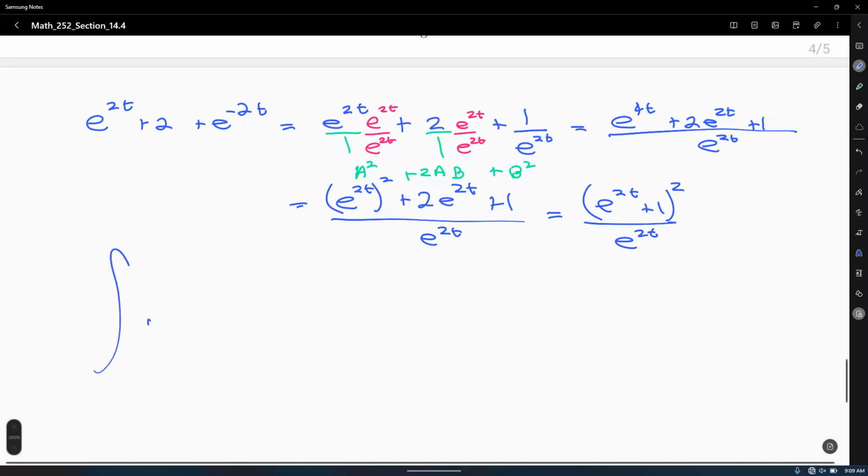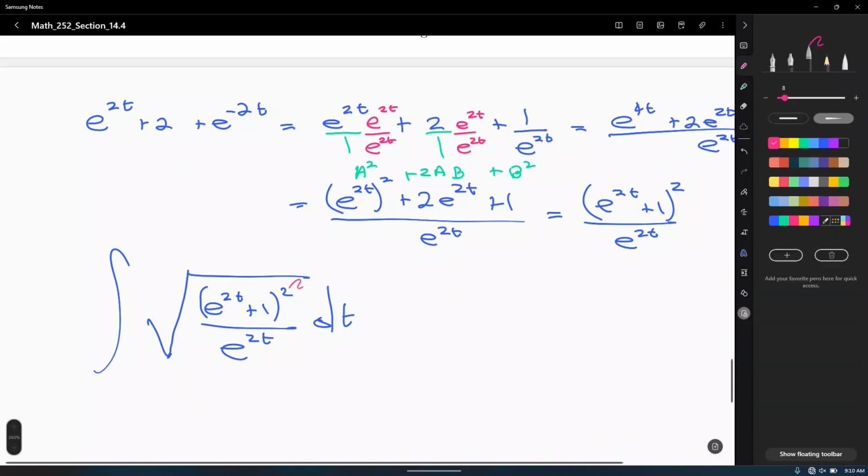Now, how is that going to simplify better than what we did before? Well, let me go back to the integral. This is back to the integral. We may cancel the square with the radical, but also this 2t divided by the invisible 2 there cancels out, leaving us with the integral of e to the 2t plus 1 divided by e to the t.